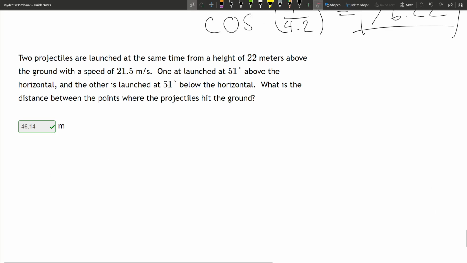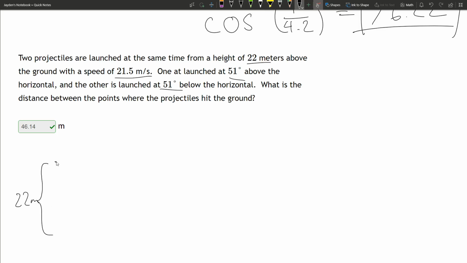So it pretty much says two projectiles are launched from the same height of 22 meters above the ground with a speed of 21.5 meters per second. One is launched at 51 degrees above and one is launched at 51 degrees below. If you were to draw an image, here's 22 meters.